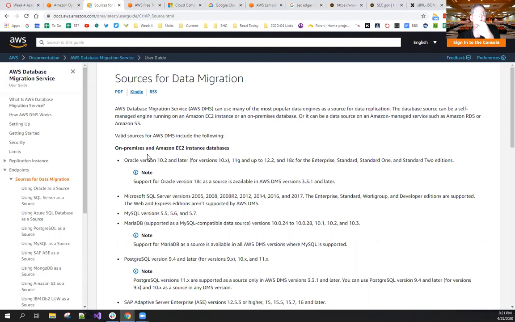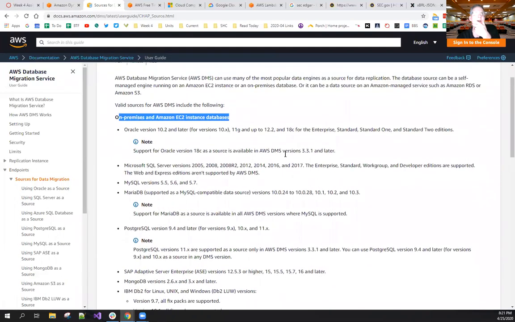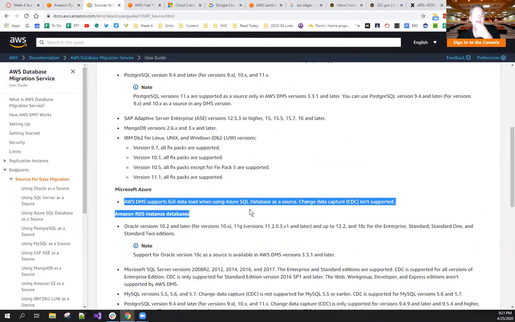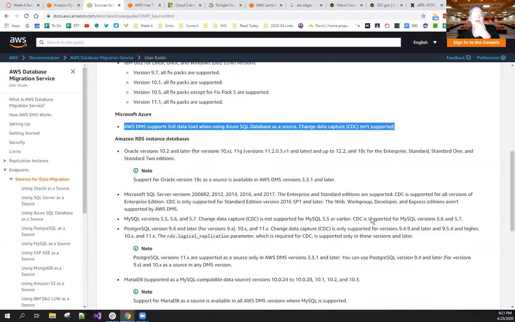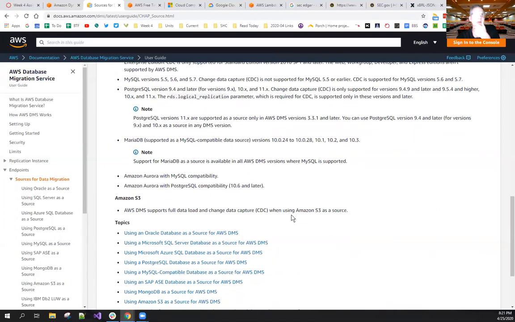So on-premise, AWS EC2 instance, no, we don't have that. Oh, look at that, you can come over from Microsoft Azure. That's cool. Or another RDS instance database, Amazon S3.